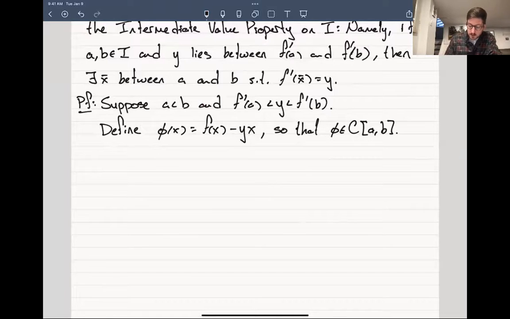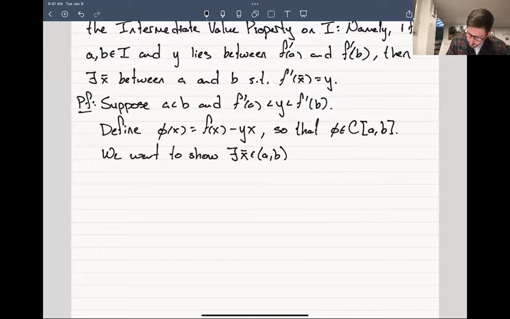Okay, so then when you take a derivative of this thing, we want to show that there exists some x bar between A and B such that phi prime of x bar is equal to 0. And why is it that I want to show that phi prime of x bar is equal to 0?